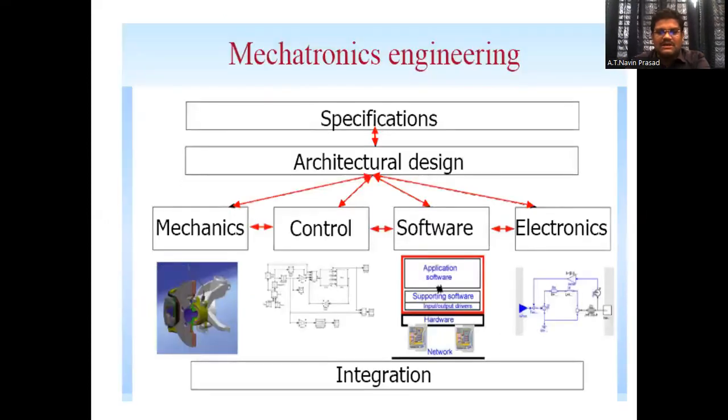This is the total integration of mechatronics engineering, the specification and the architectural design. From the architectural design, we have mechanics, control, software, and electronics. These four components, by integration, form the total mechatronics engineering specification and architectural design.